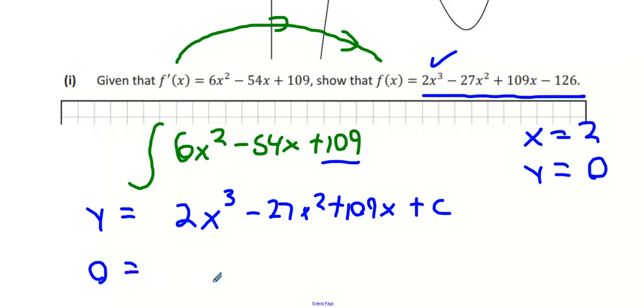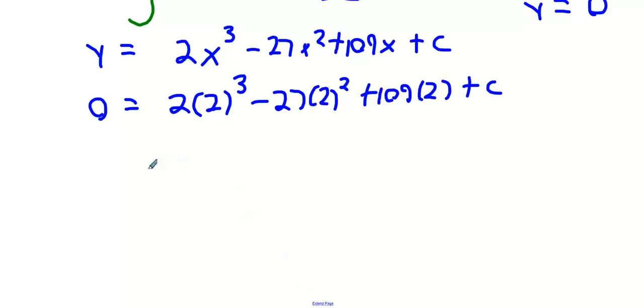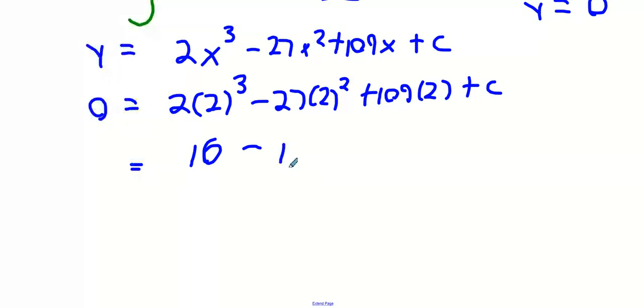So let's find that out. So y is 0. It's going to be 2 times 2 cubed minus 27 times 2 squared plus 109 times 2 plus c. And what we're going to get here is 16, and 4 times 27 is minus 108, plus 2 times 109, which is obviously 218, plus c. Now c will cause all of this to be equal to 0.